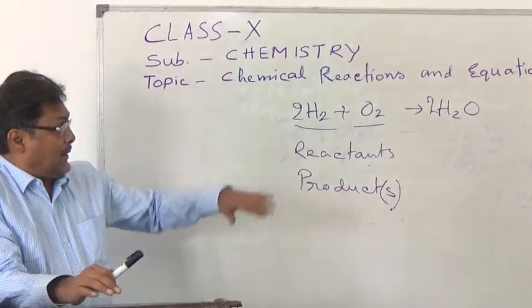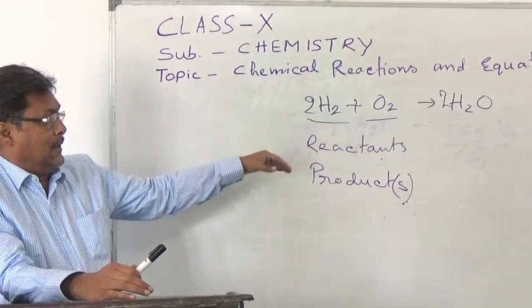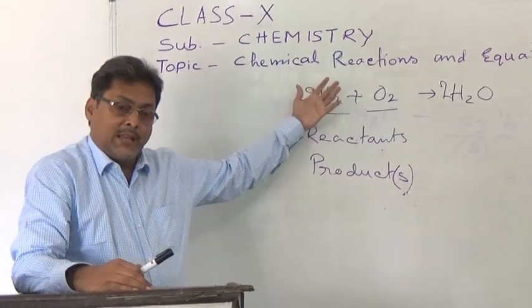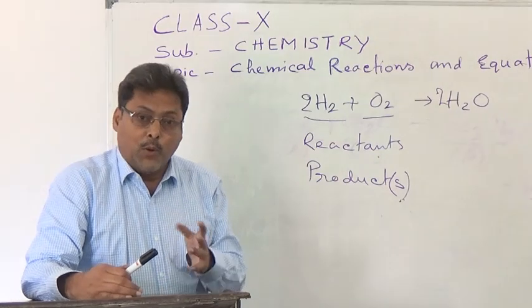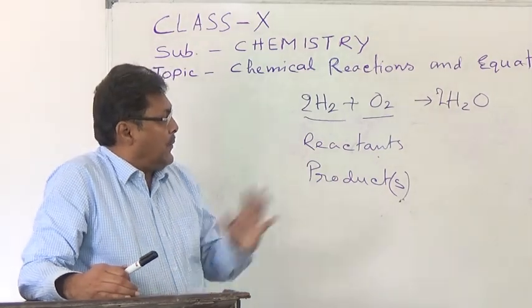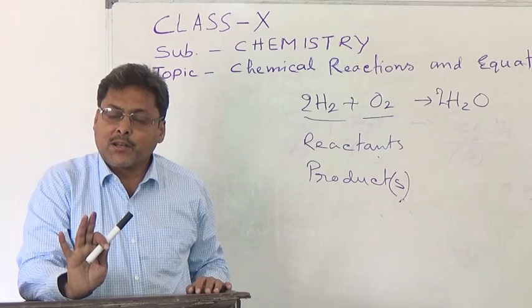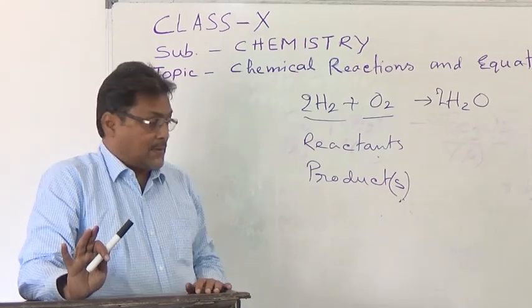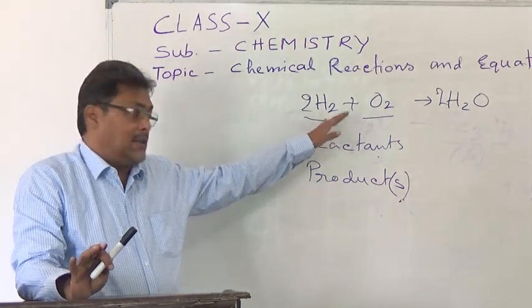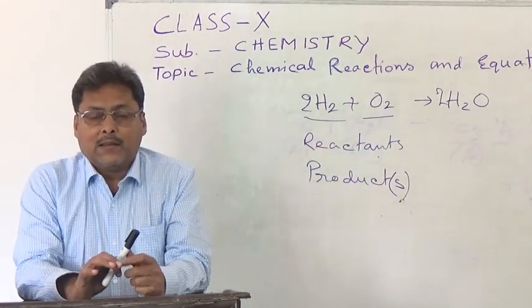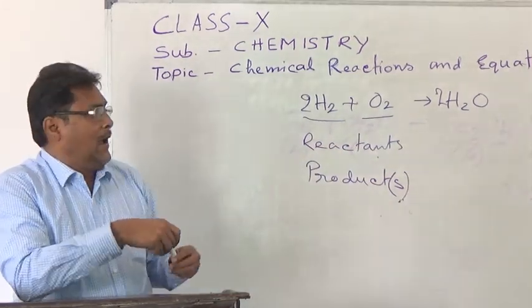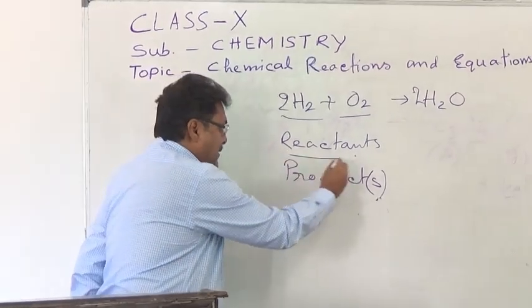So, what is chemical change? The type of change where new substances are produced with new properties. And the process is called chemical reactions. The substances that originally take part, that initiate the chemical reaction, are called reactants.